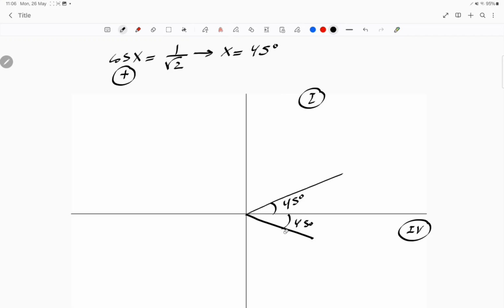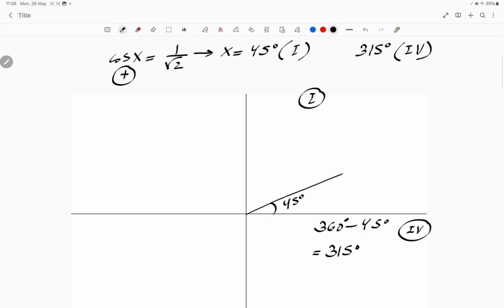That wouldn't make any sense. And instead, what you should do is you should say 360 minus 45 degrees, which would be equal to 315 degrees. So now x could be 45 degrees in the first quadrant or 315 degrees in the fourth quadrant.